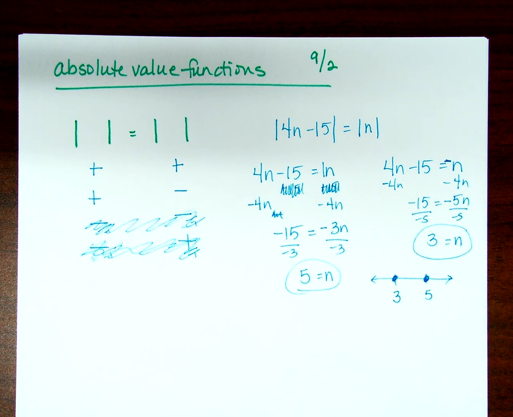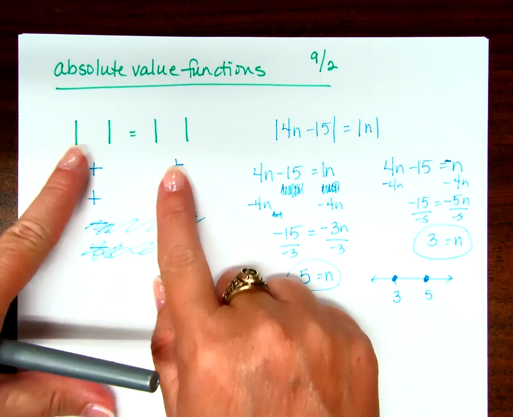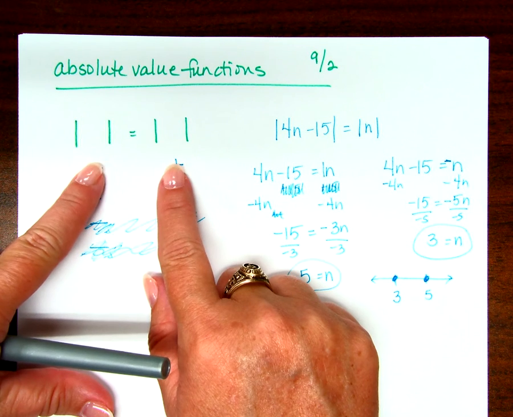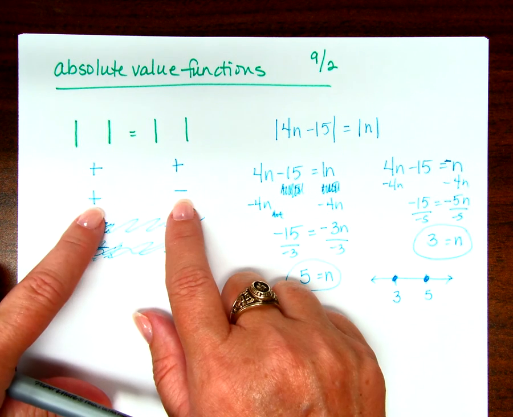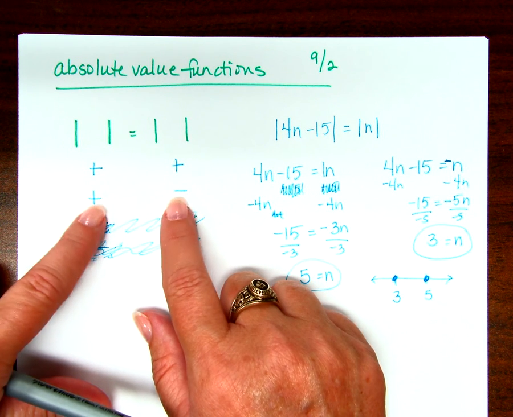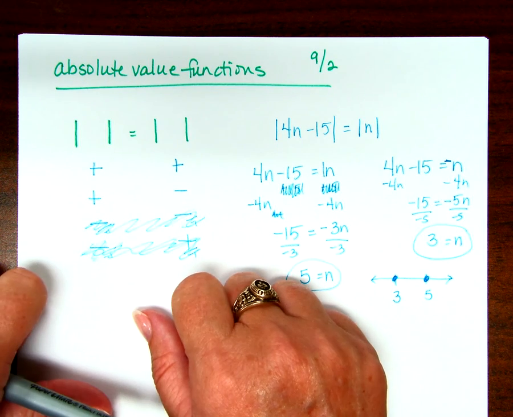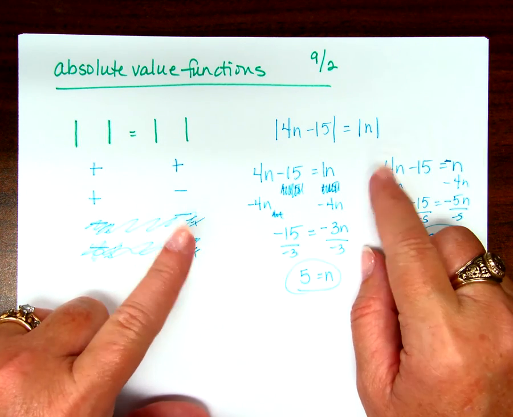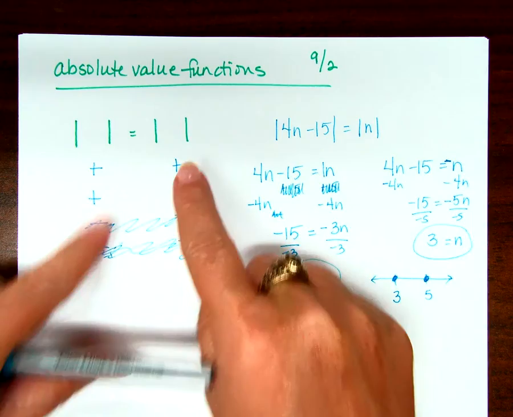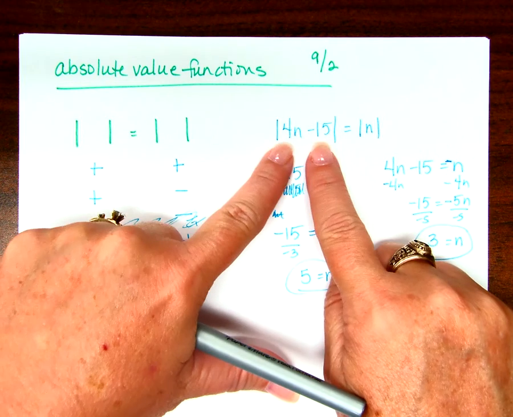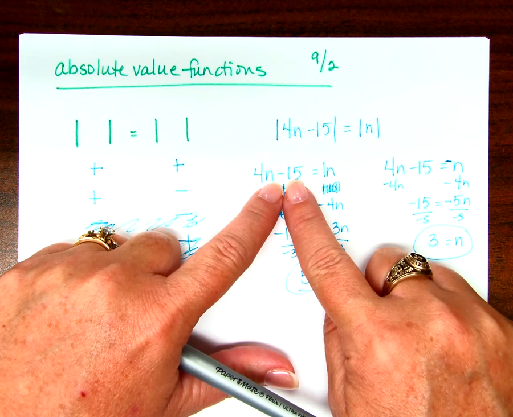Any questions about that? So do you understand the concept of what you do when there's two absolute values set equal to each other? Make both of them positive and then one of them negative. It doesn't matter which one. Okay? Now, there was also a little confusion yesterday when I said make it positive. So some people took this and wrote down 4n plus 15.